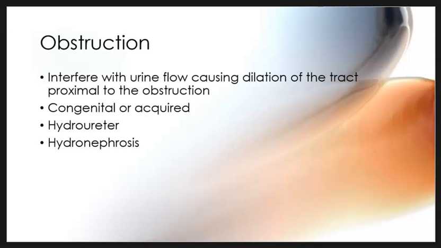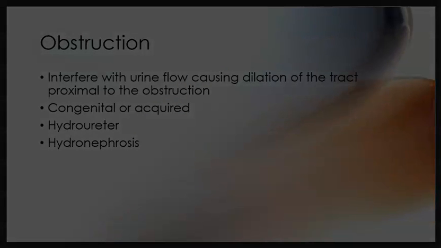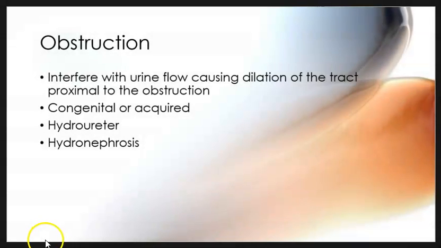So the next part is obstruction. Obstructive disorders interfere with urine flow and can occur at any point in the renal system, from the renal pelvis to the urethral meatus.